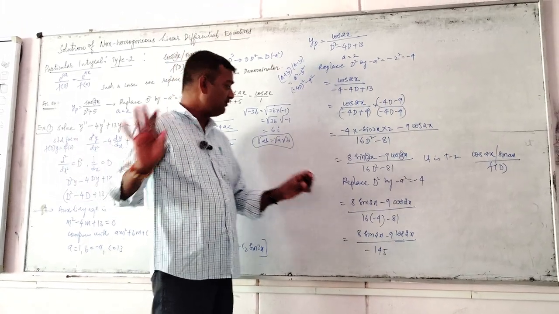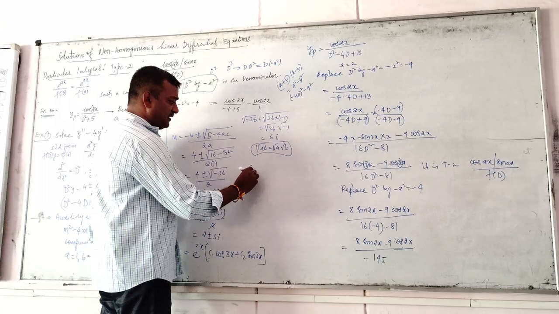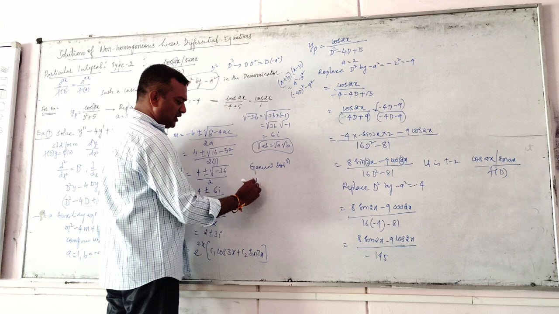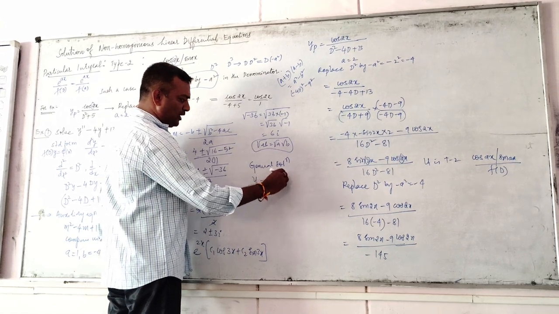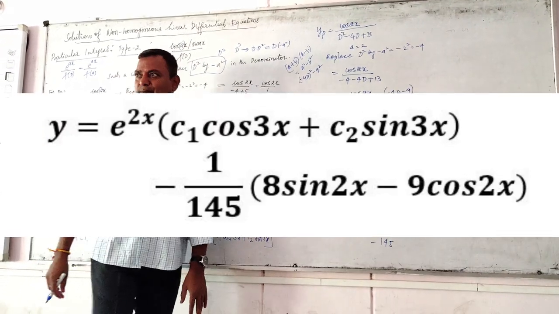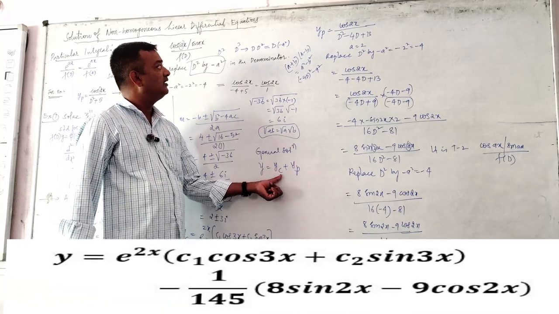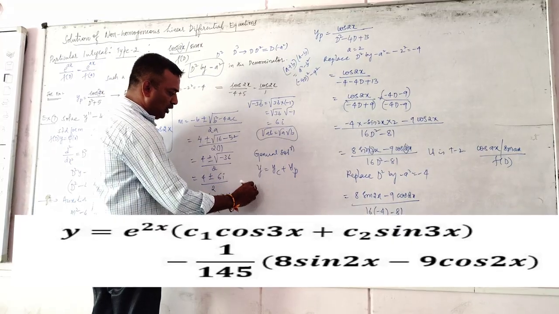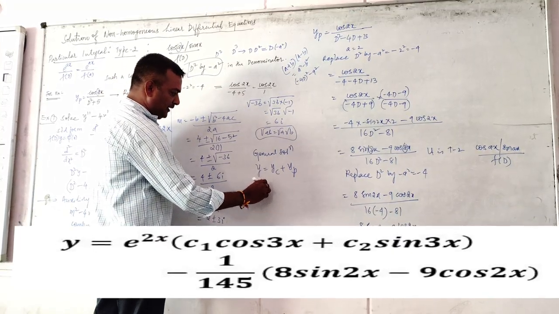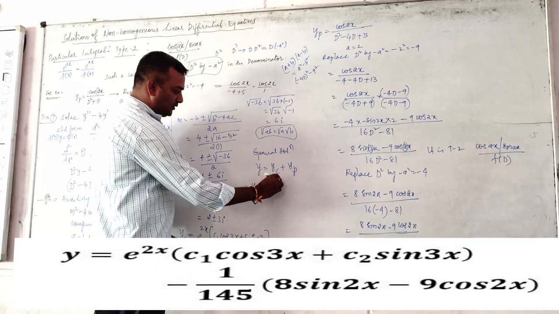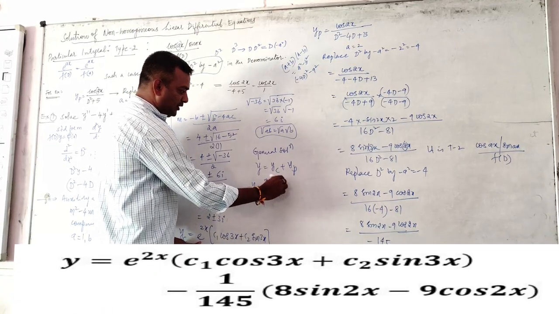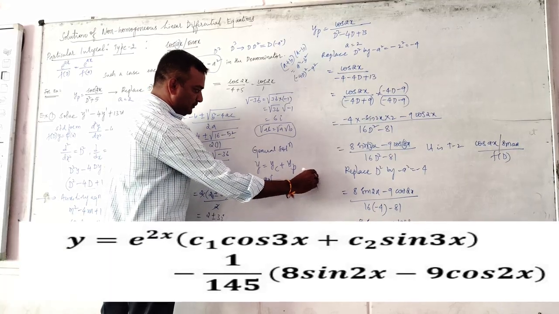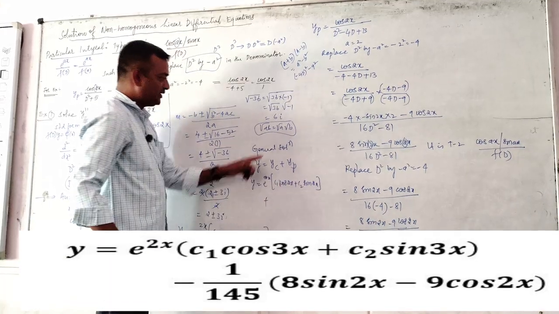Finally we are going to write the general solution. What is the general solution, students? General solution is yc plus yp. What is yc? Yc is here, right? y is equal to e power 2x into c1 cos 2x plus c2 sin 2x, plus, what is yp?